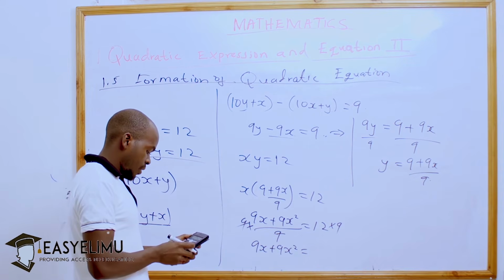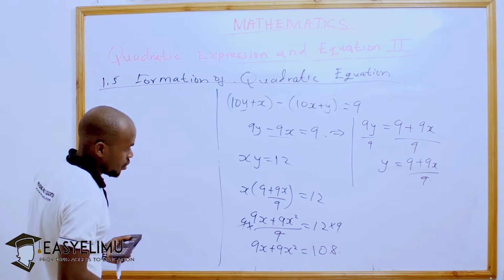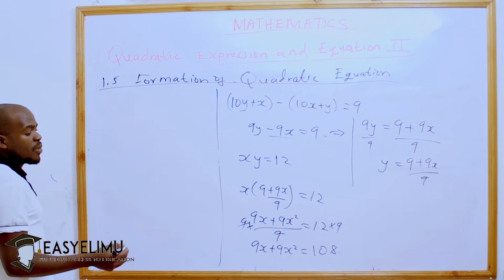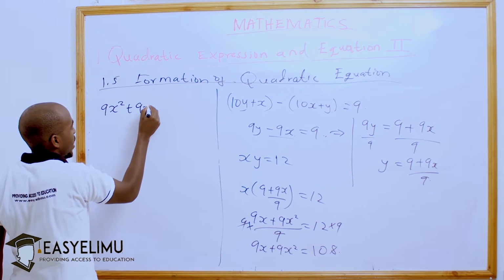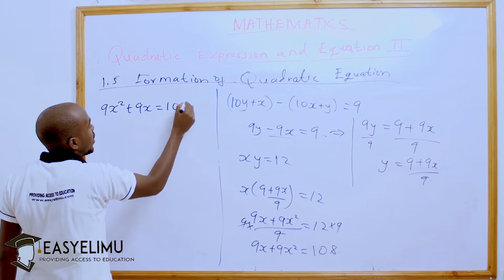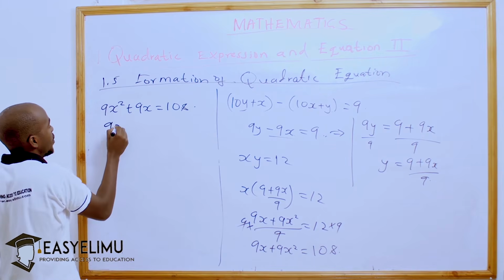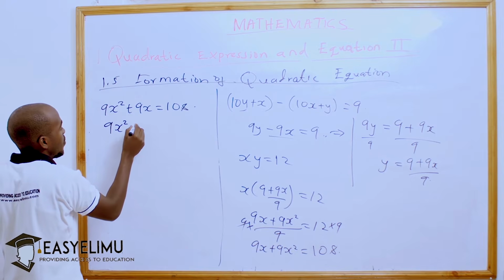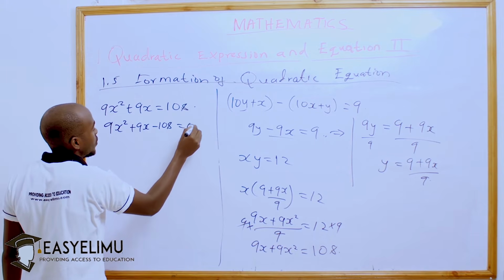What do you obtain? You get 108. So we have formed a quadratic equation of the form 9x squared plus 9x equals to 108. You can use this one by putting the other way around. You find 9x squared plus 9x minus 108 equals to 0.